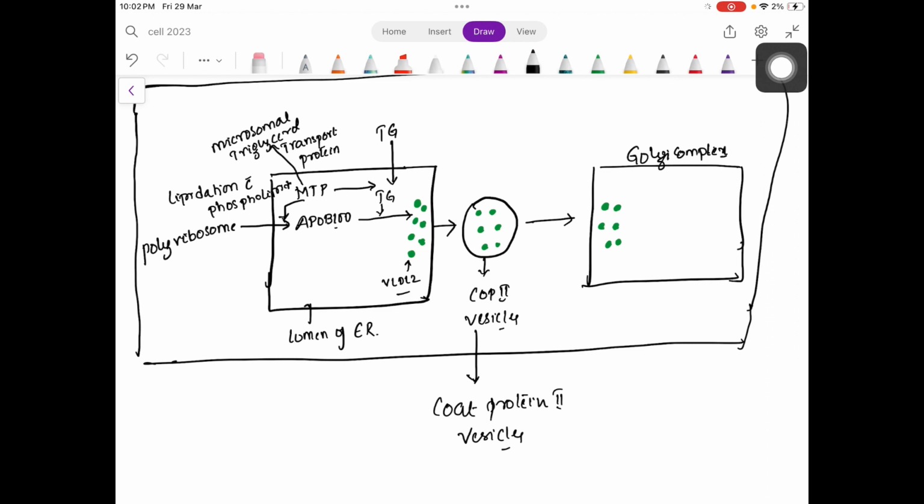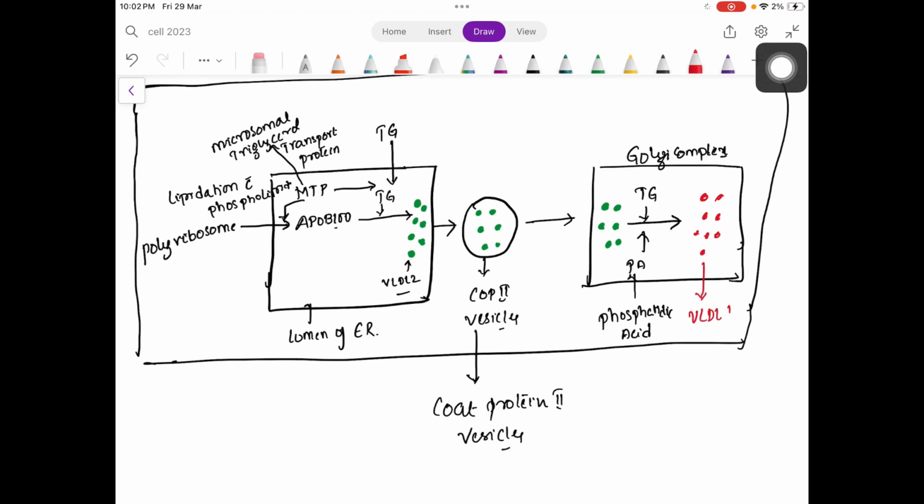Now these VLDL2 molecules will take up triacylglycerols and phosphatidic acid. This phosphatidic acid is also incorporated into the VLDL2 molecules, and now they will form VLDL molecules.